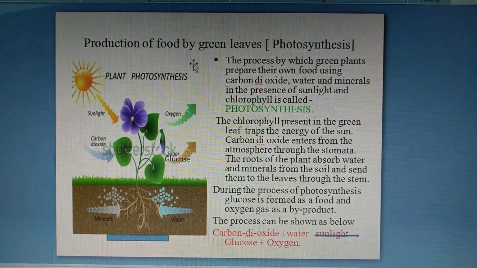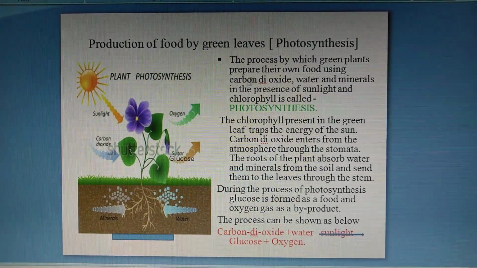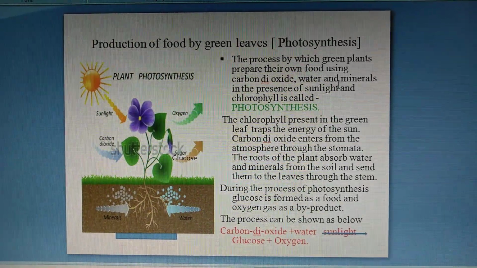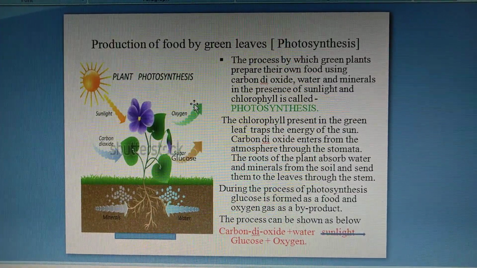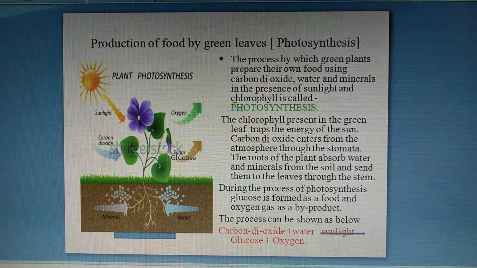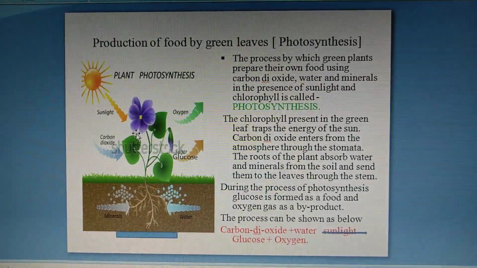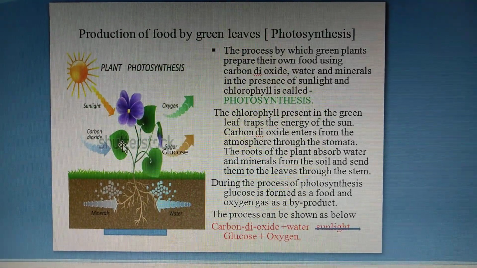Production of food by green leaves, that is photosynthesis. The process by which green plants prepare their own food using carbon dioxide, water and minerals in the presence of sunlight and chlorophyll is called photosynthesis. The chlorophyll present in the green leaves traps the energy of the sun.